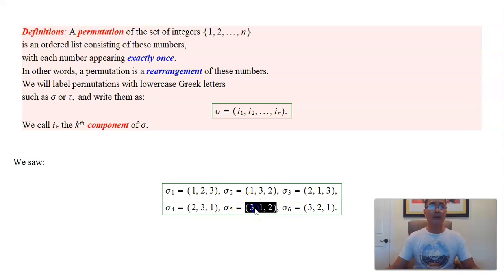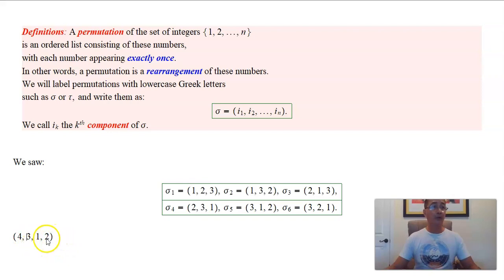Okay, so what about the next step? How about a permutation of 1 through 4? Well, we can take any one of these 6 permutations, and we already have 1, 2, and 3 there, so we can put the number 4, and that will give us a new permutation. I can put the 4 over here. So that gives us a new permutation of 1 through 4.